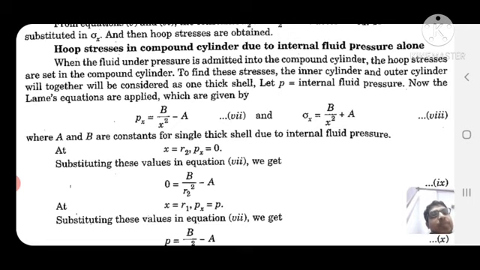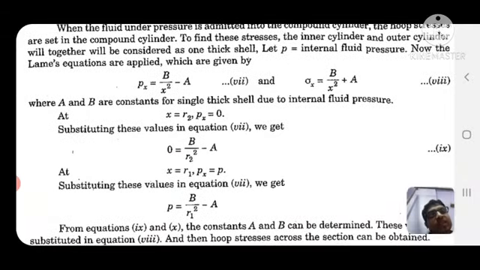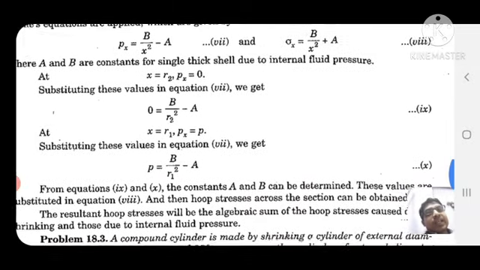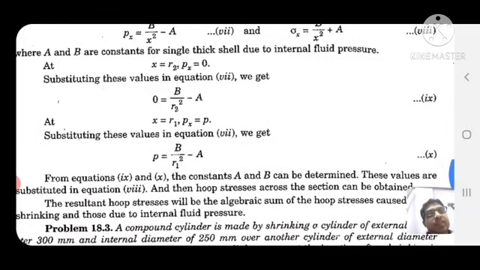Let P be the internal fluid pressure. Now the Lame's equations are applied, which are given by Px equal to B by x square minus A and sigma x equal to B by x square plus A, where A and B are constants for a single thick shell due to internal fluid pressure.